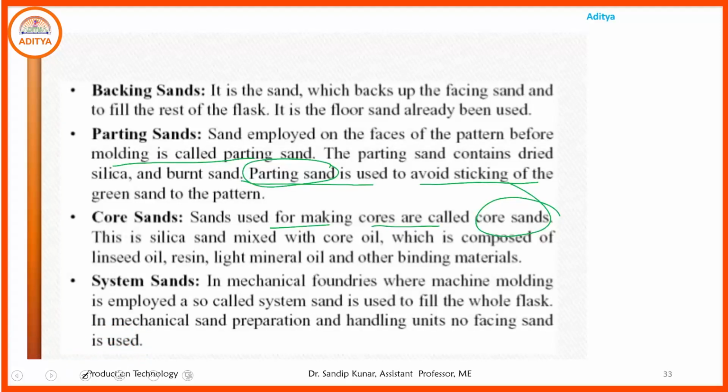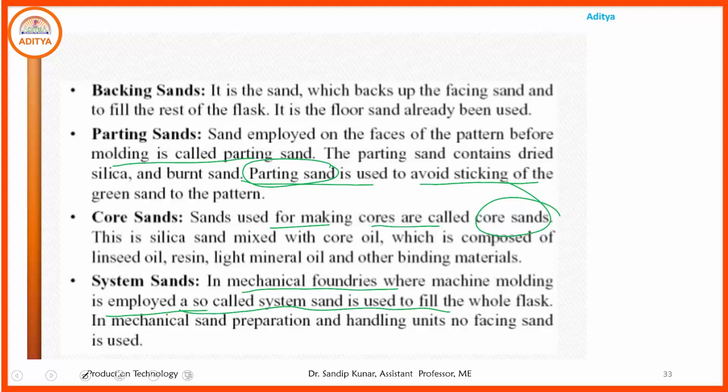Another is system sand. In a mechanized foundry, where machine molding is employed, so-called system sand is used to fill up the whole flask.